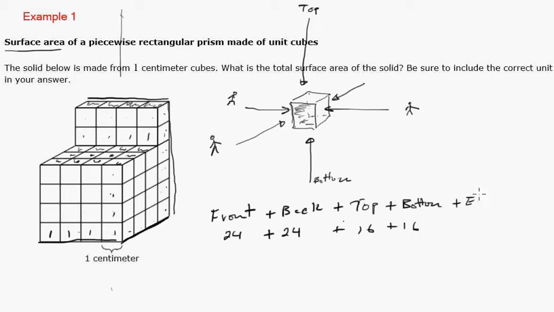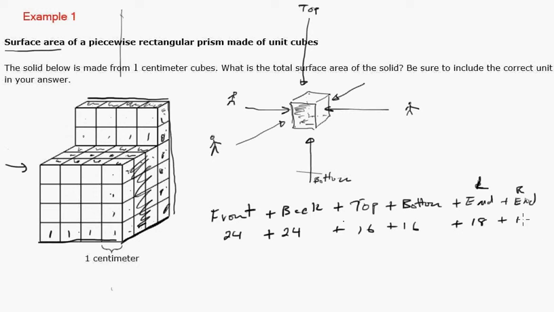Now the ends, let's call it the left end and then the right end. Let's do the right end first. First I see 3 times 4, so 12, plus 6 more, so 18. And I would see the same thing if I was way over here looking this way.